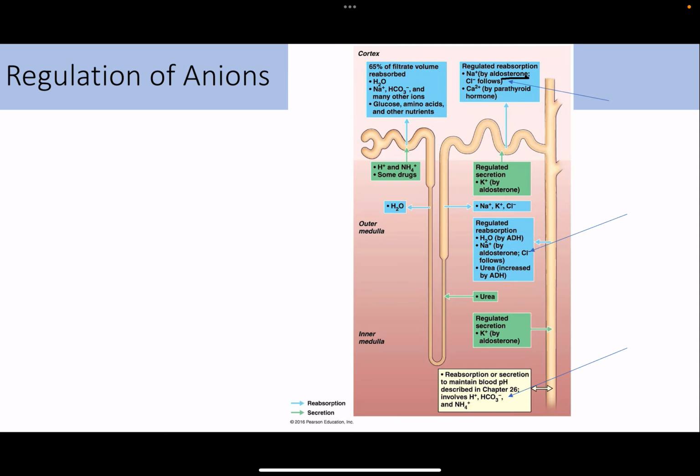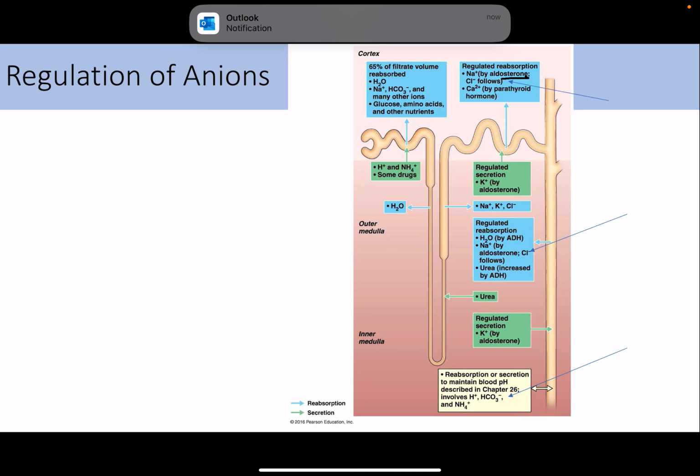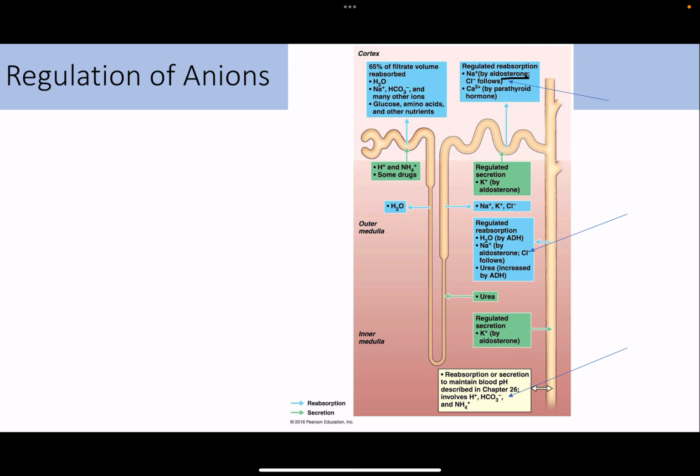Okay, so chloride does tend to follow sodium when we reabsorb sodium, because if we reabsorb a sodium positive and then we also reabsorb a negative, that balances each other out. Okay, so that tends to happen. Now, if you are experiencing though acidosis, and I think this is already in your lecture notes, yeah. So the reason why we reabsorb chloride with sodium is because that's the most common negative ion we have. So we have lots of chloride available. So when we reabsorb sodium, we also reabsorb the chloride, so they balance each other out.